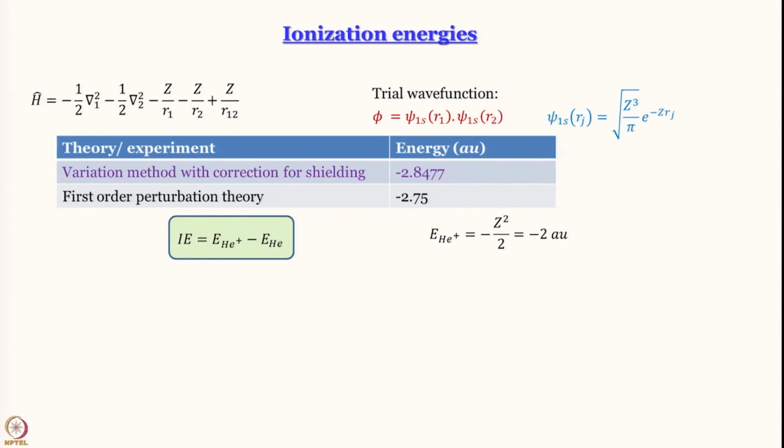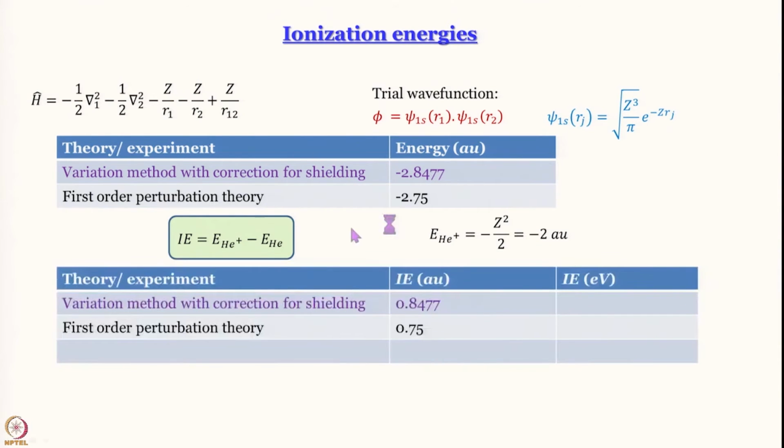Okay. So, minus 2 square by 2, that gives you minus 2 atomic unit. So, energy of helium plus is minus 2 atomic unit. Ionization energy then would be minus 2 minus 2.8477 in case of your variation method, 2.75 in case of perturbation theory, and these are the values that you get.